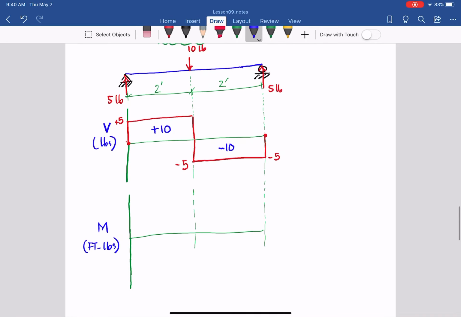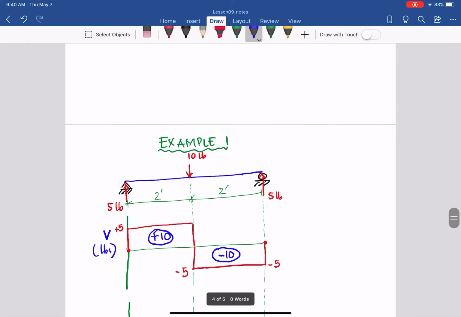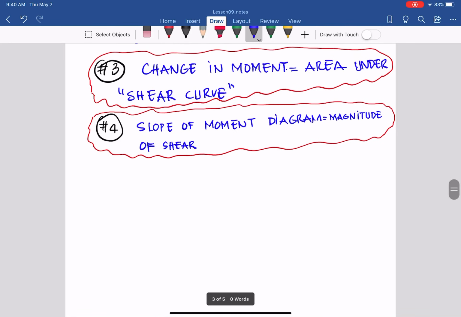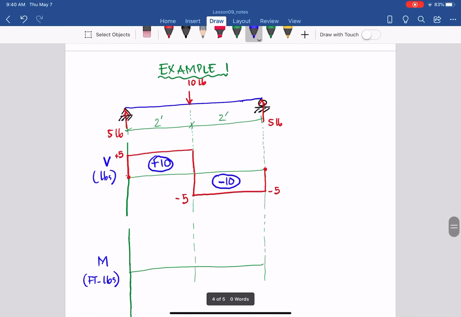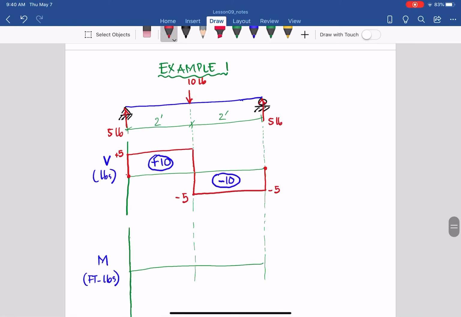So with that, we will have the area under the shear curve. So what we have in the note, the change in moment is the area under the shear curve, and it always starts from 0.